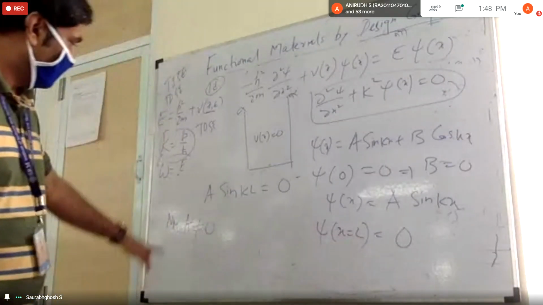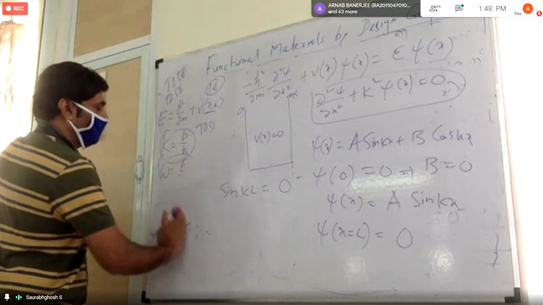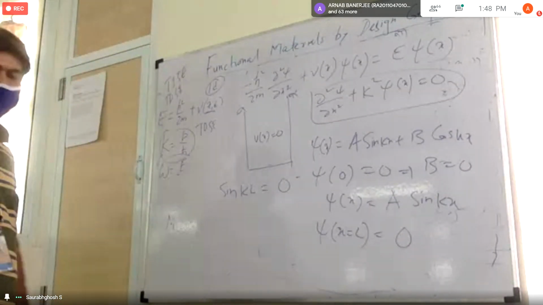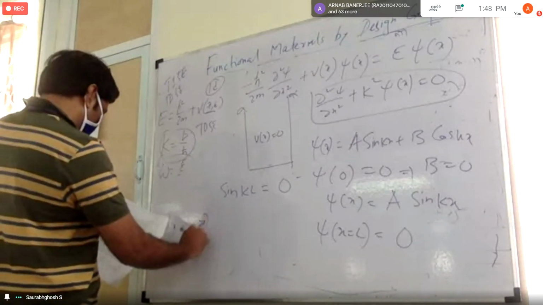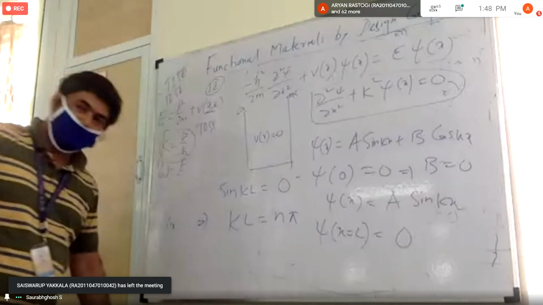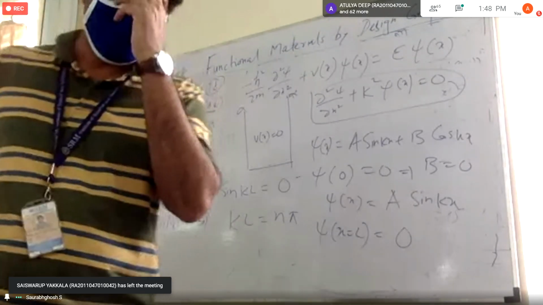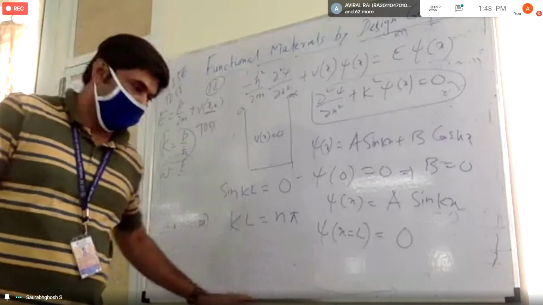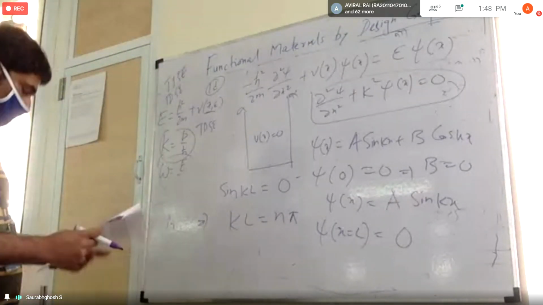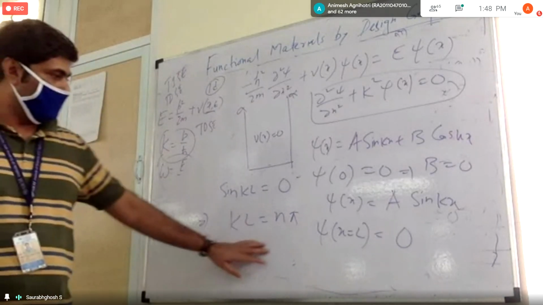So A is not equal to 0, that means sin KL equals 0, which implies that KL has to be n pi. You know from trigonometry, if sin x is equal to 0, that has to be an integer multiple of pi. So KL is equal to n pi.